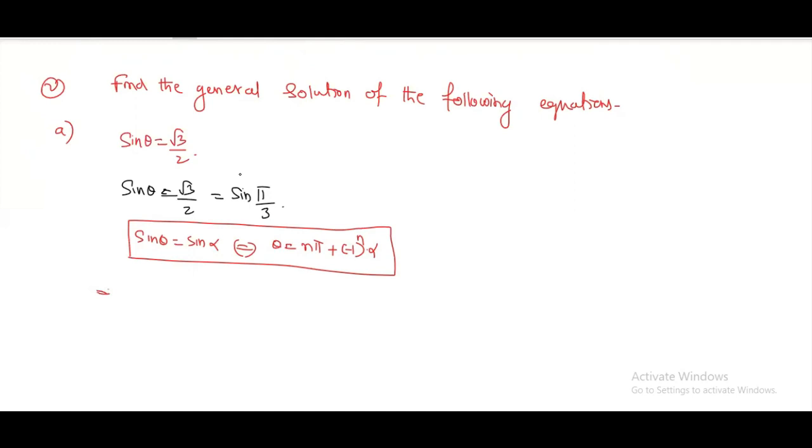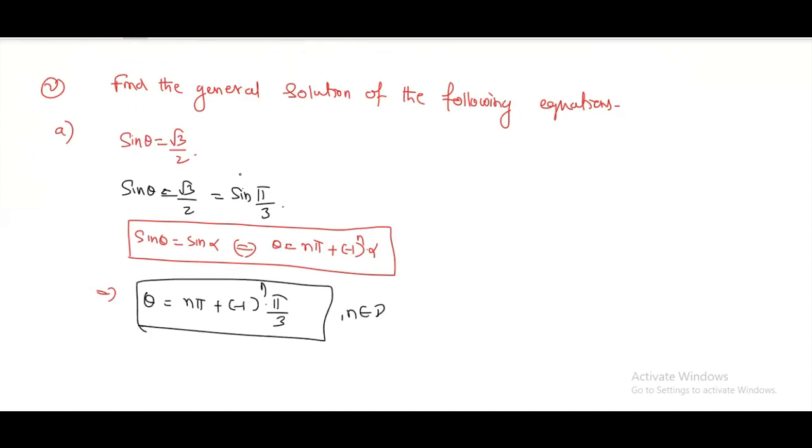If you solve according to this, we'll get theta is equal to n pi plus (minus 1) whole power n into pi by 3, because the alpha value here is pi by 3. So this is a general solution for this, where n belongs to integers.